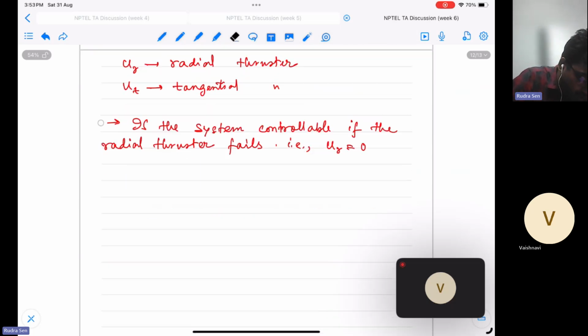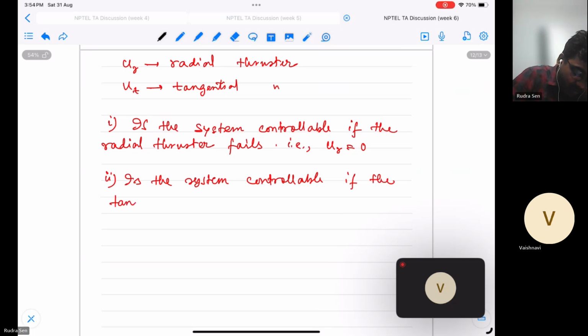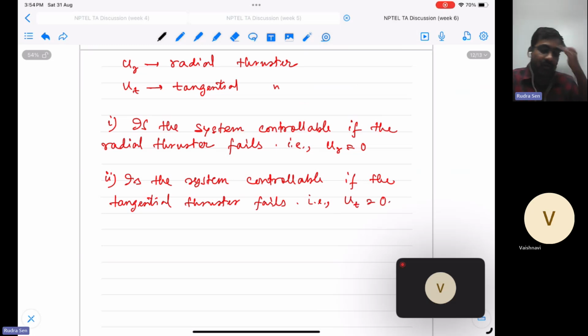The next question is: is the system controllable if the tangential thruster fails, that is u_t equals 0?